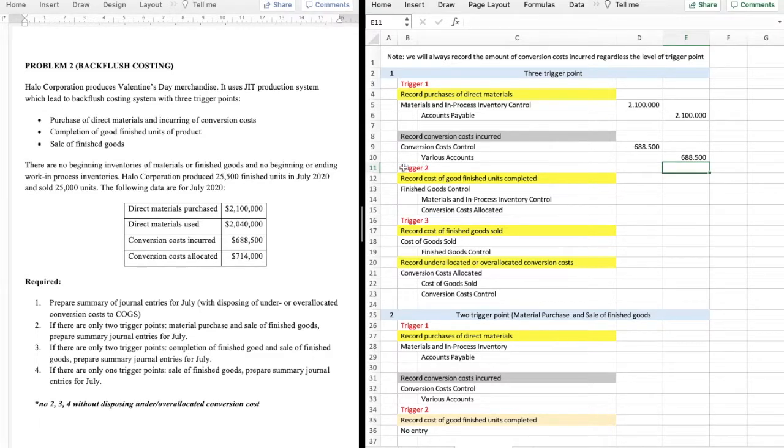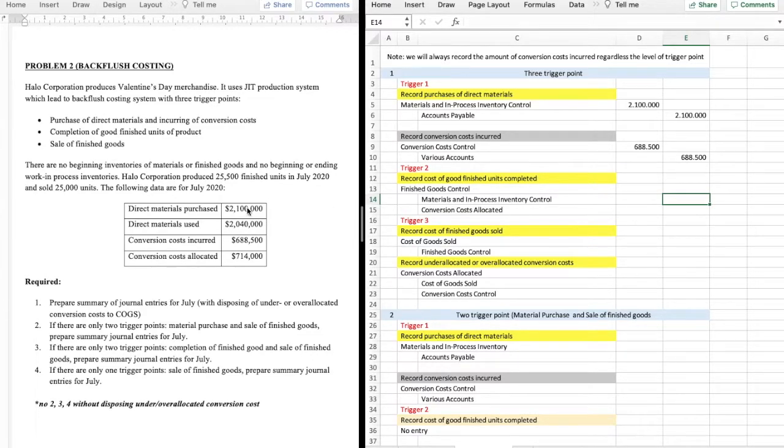Alright, moving on to the second trigger point, which is to record the cost of finished goods. That is why in debit we have finished goods control, and in the credit side we have materials and of course the conversion costs. For the amount, we have to be careful because not all the materials are transferred to finished goods.